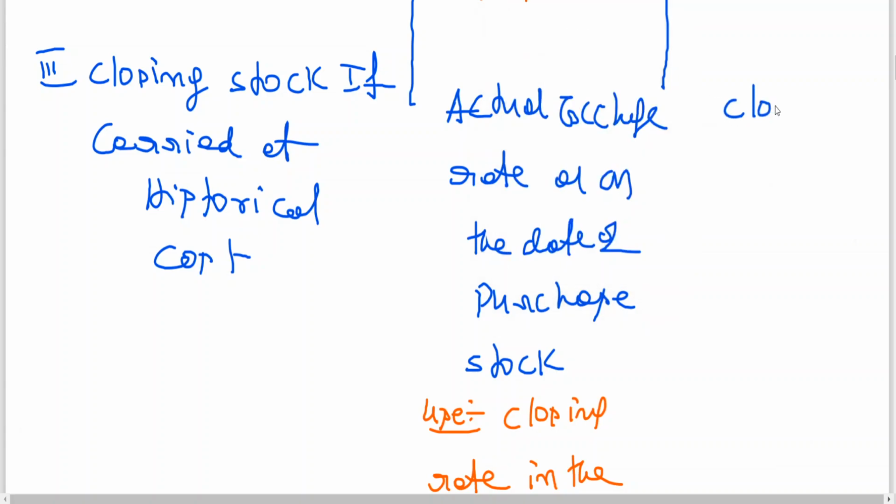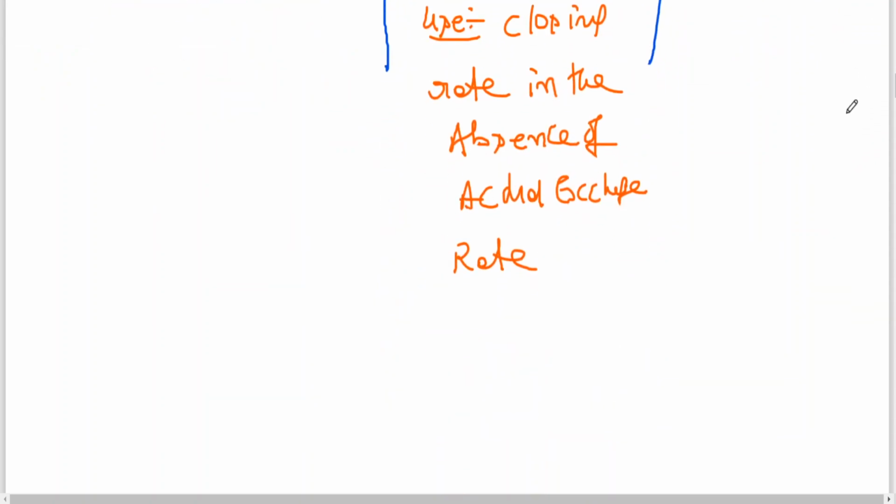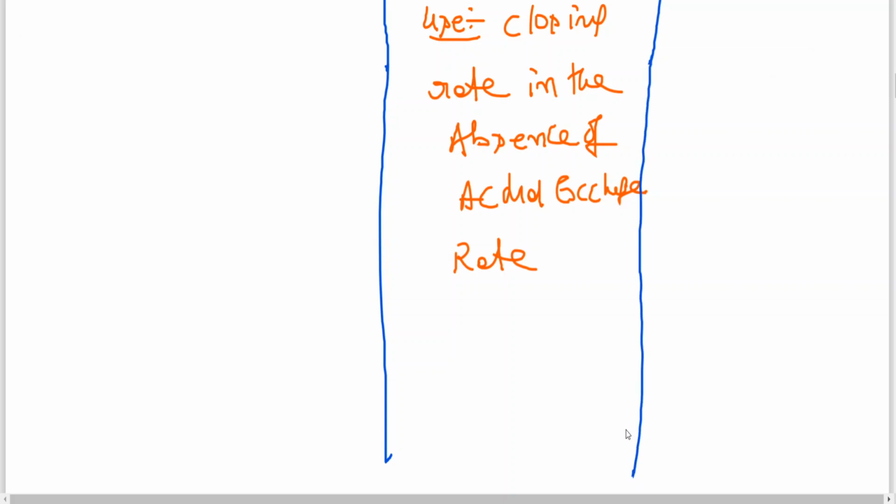So very simple. For opening stock, which rate? Opening rate. Closing stock, also closing rate. But for integral foreign operations, if opening stock or closing stock is maintained at historical cost, we should go for actual exchange rate, that is on the date of purchase of stock. If actual exchange rate is not there, then we can take closing rate.